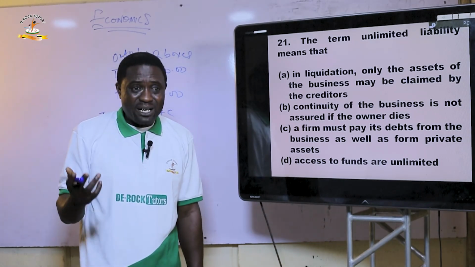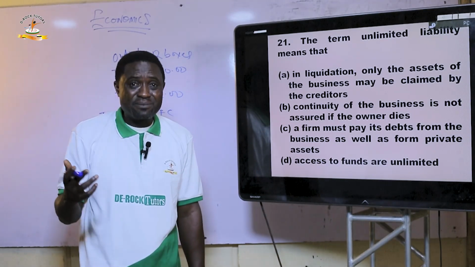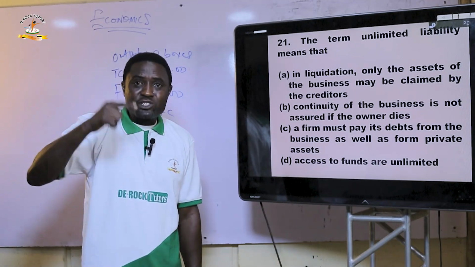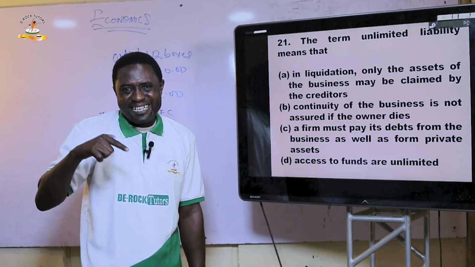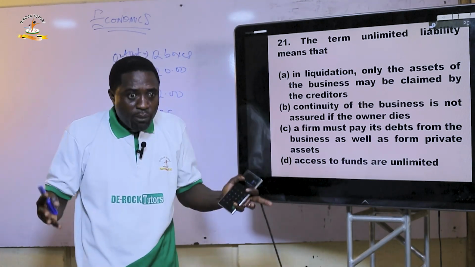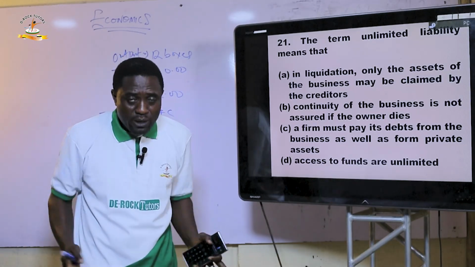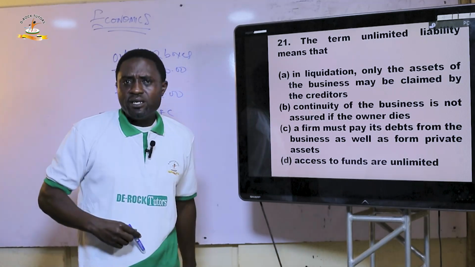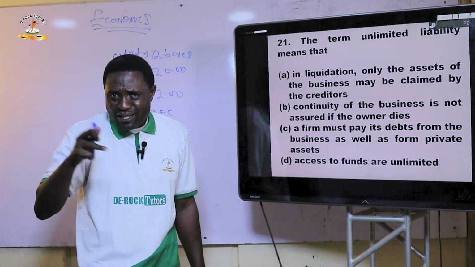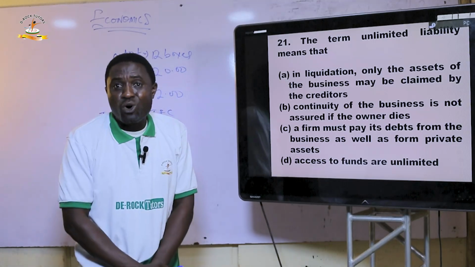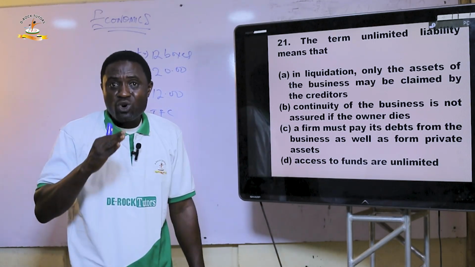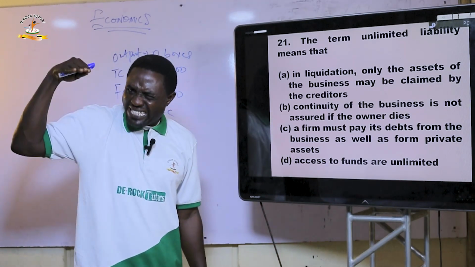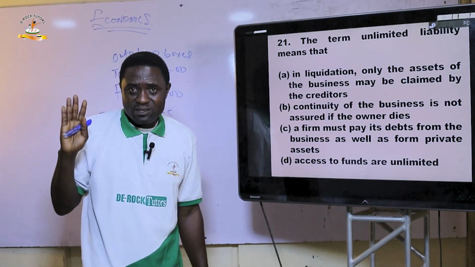You run into millions of naira of debt, and if at the end of the day what you lose does not involve only the money you put into the business, but that debt goes the extra mile to eat into your personal assets, your belongings like your car, your home, that is unlimited. That means you have lost your money, and at the same time it eats deep into your personal belongings.